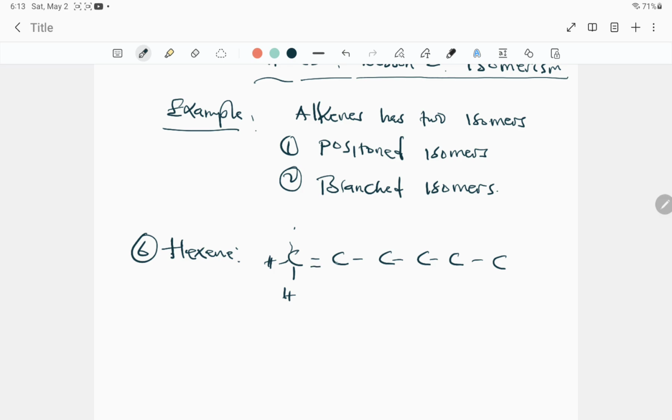Okay, I'll just put my double bond here. Hope you watched the previous video. The reason why I have only 2 hydrogens here and 1 hydrogen here, if you didn't watch, search for it. There, you will find it. So this is hexene.